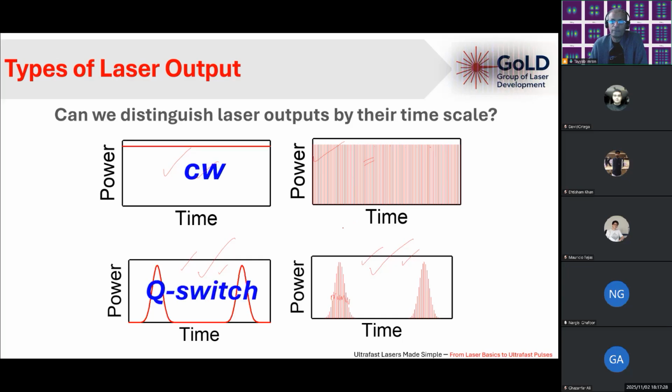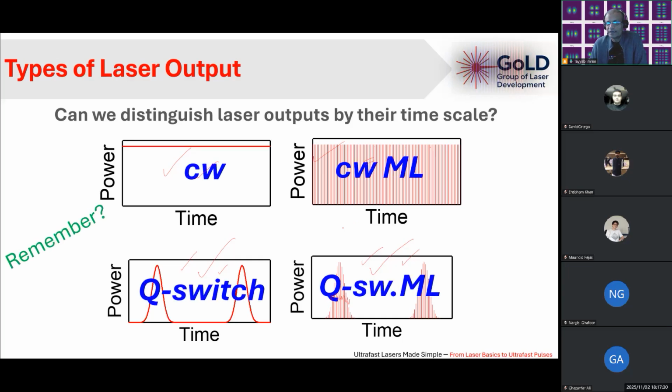So now see, first one CW, second one CW mode locked. Third one is Q switched laser. And the last one is Q switched mode locked. So CW mode locked means there are no pulses, but it's mode locked.